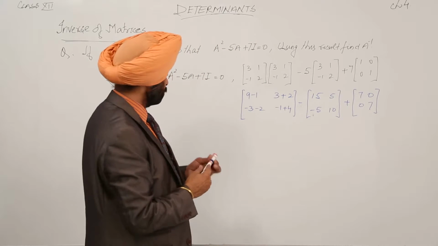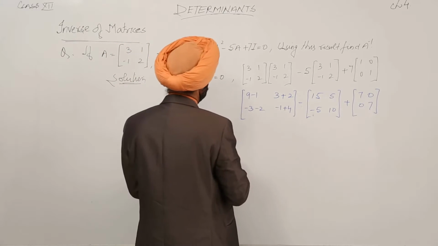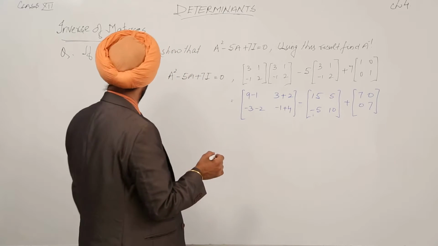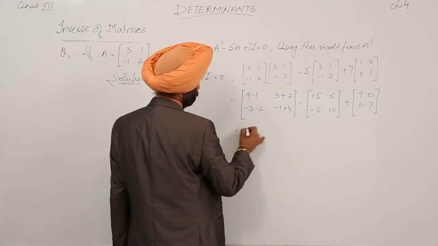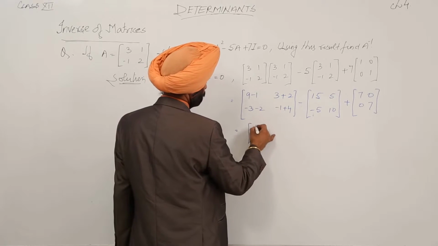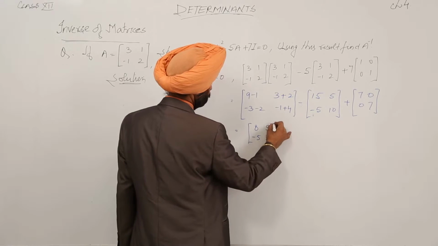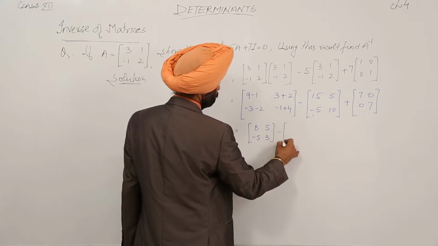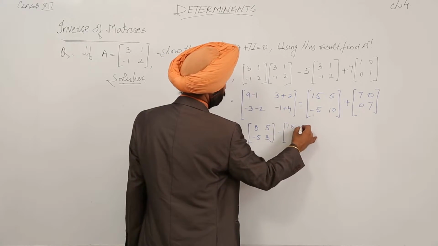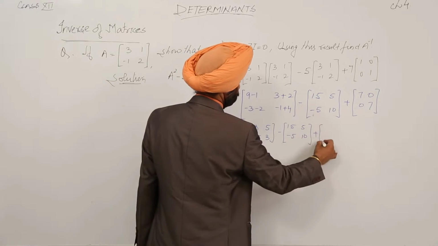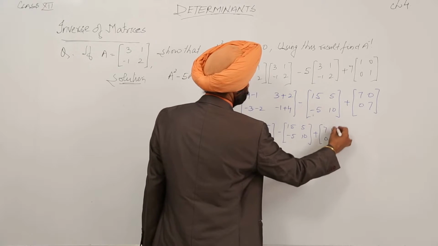So this becomes [[8, 5], [-5, 3]] minus [[15, 5], [-5, 10]] plus [[7, 0], [0, 7]].